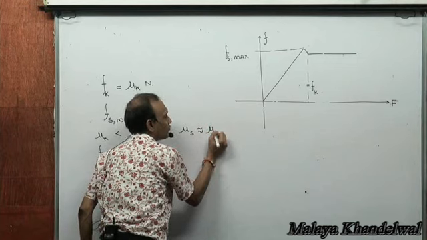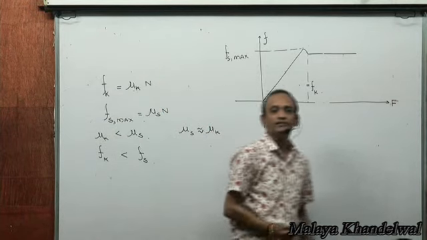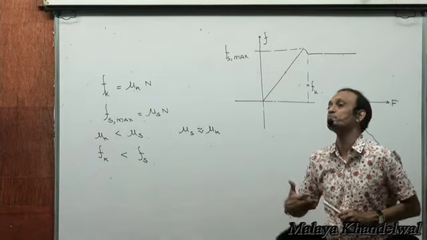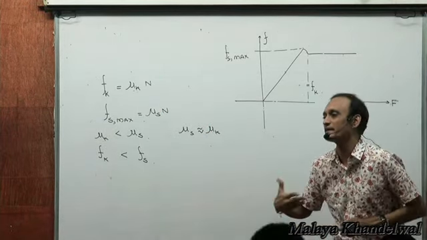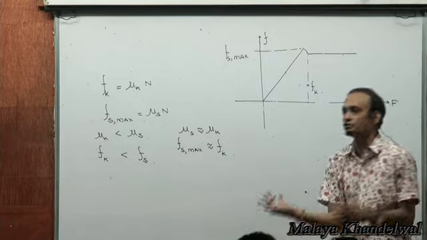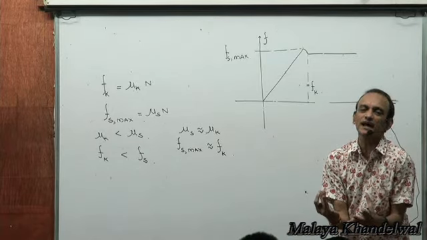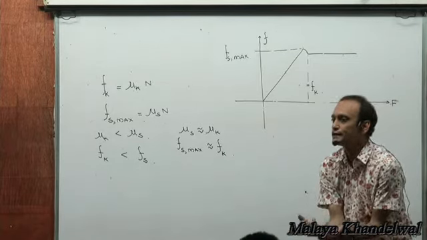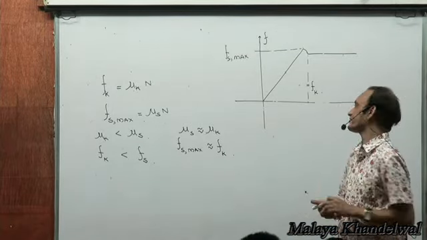There are times when you have only one of the values given to you, then it's okay to assume that mu s is approximately equal to mu k. That means it's okay to assume that maximum static friction in such situations is almost the same as kinetic friction. If you don't have mu k separately given to you, but mu s is given to you, you can assume that maximum static friction is almost the same as kinetic friction, right?